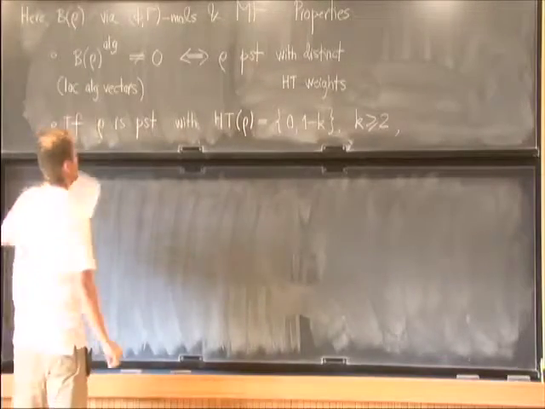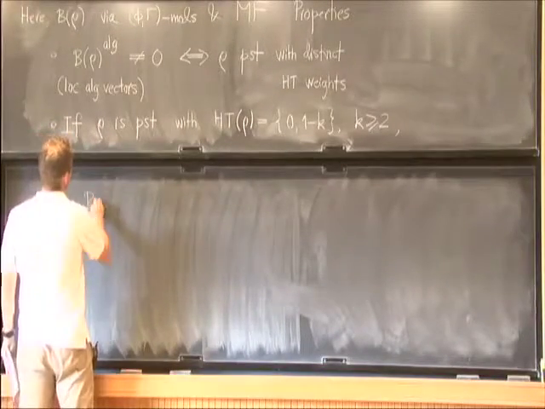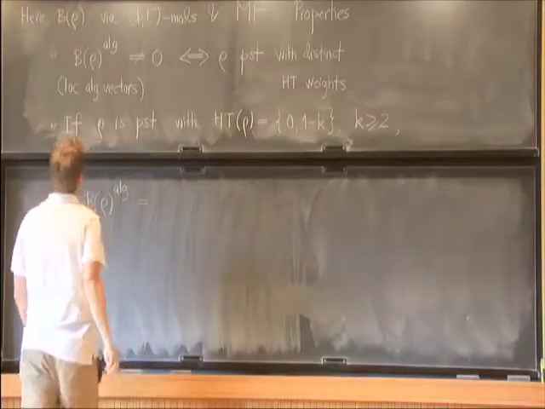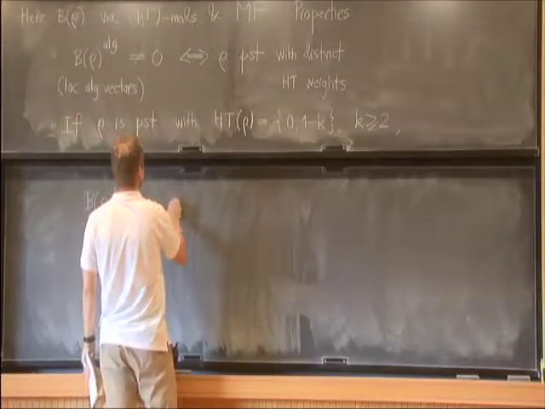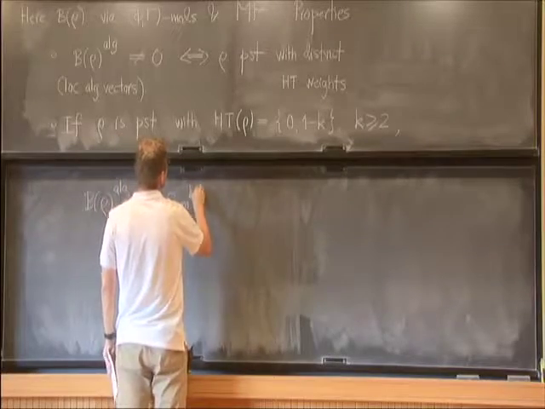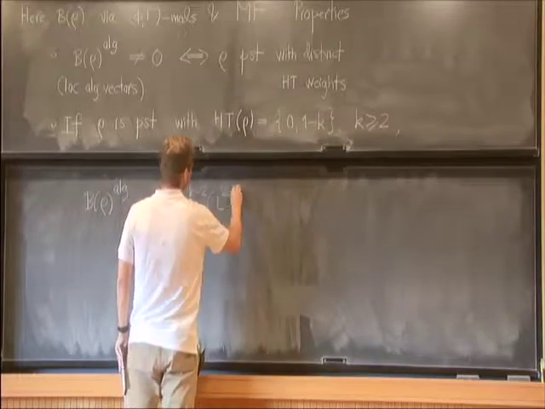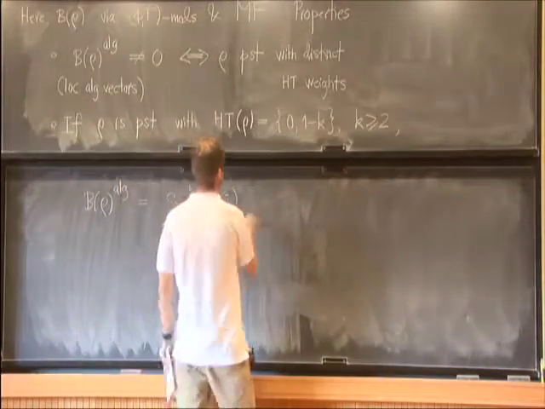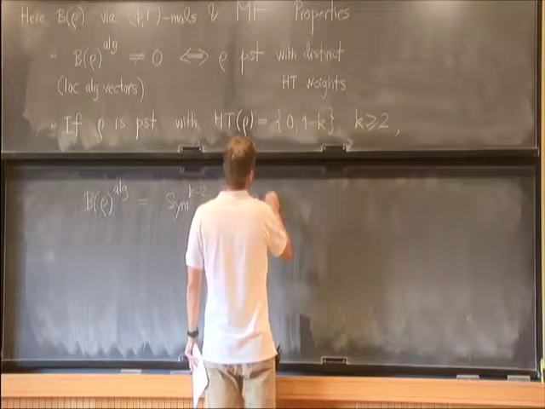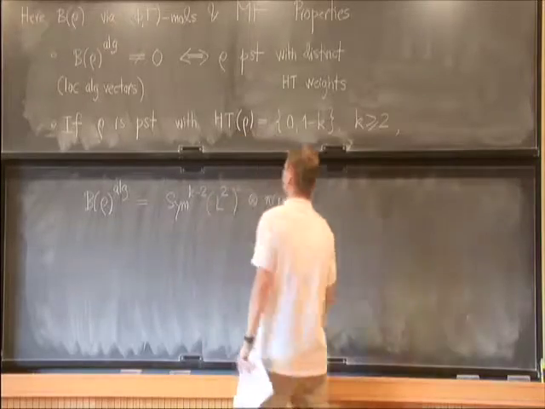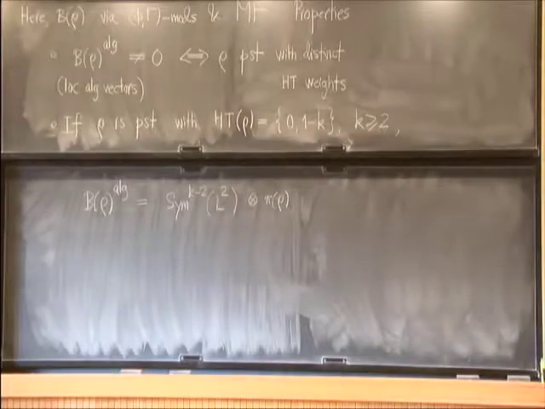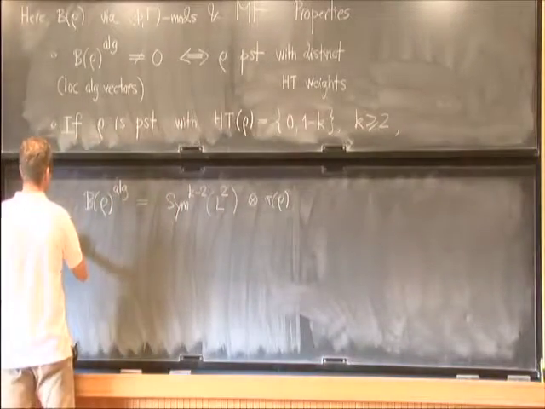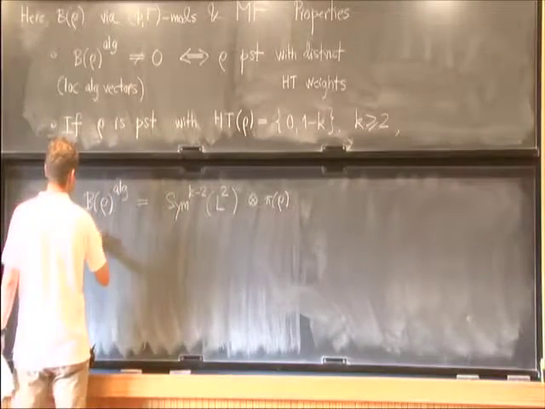Then you can describe that subspace as just being some symmetric power, so some algebraic representation, tensor some smooth representation pi of rho. So this pi of rho is essentially just given by the local Langlands correspondence.